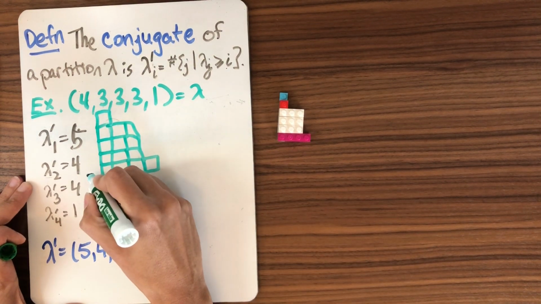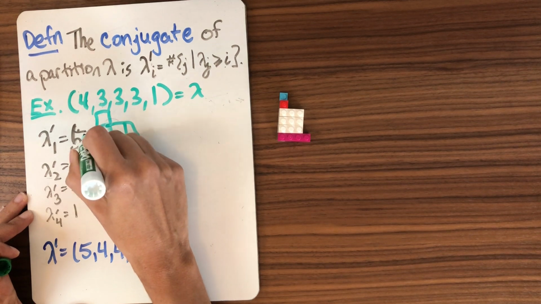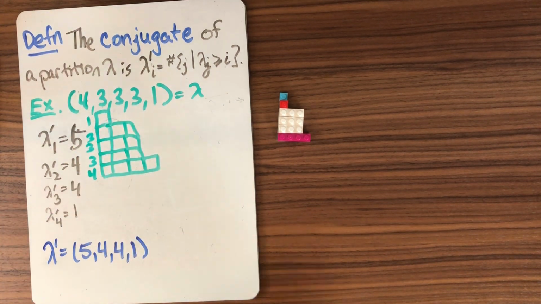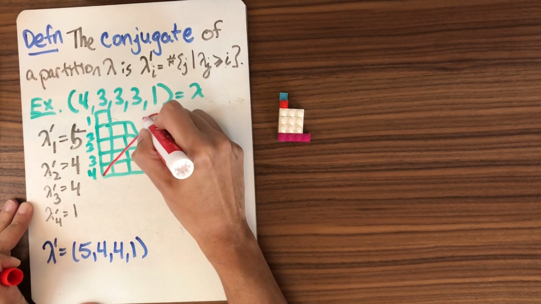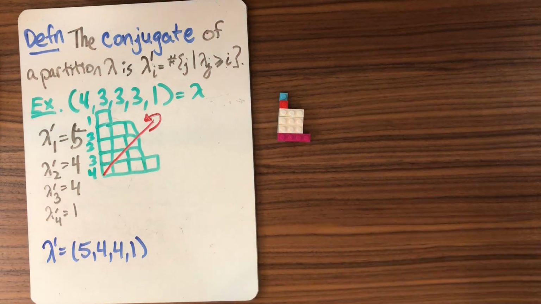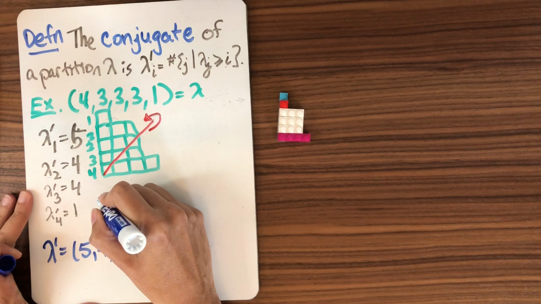Again, to emphasize, how am I thinking about this? Here is 4, 3, 3, 3, 1. What the conjugate does graphically is you take this main diagonal and flip your diagram across it. Then what is 5, 4, 4, 1?